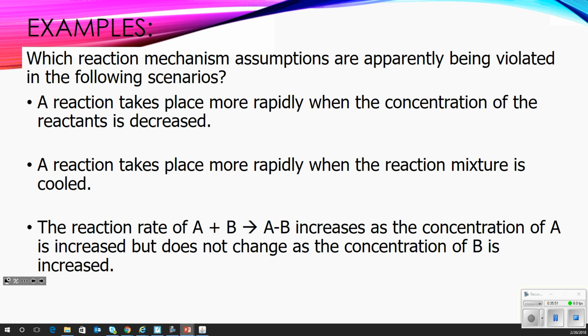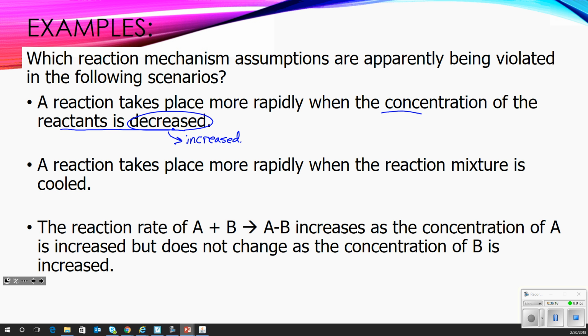So here it's the concentration. Instead of decreased, it should have been increased. If it was increased, then there would be more chances for the reaction to take place. In other words, I'd put 40 girls and 40 boys in the same room instead of cutting it down.